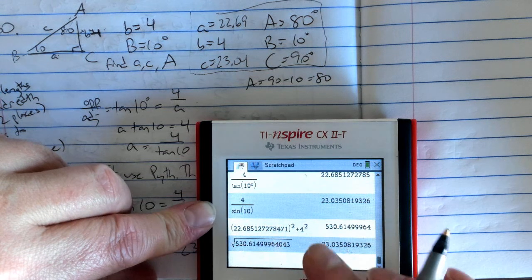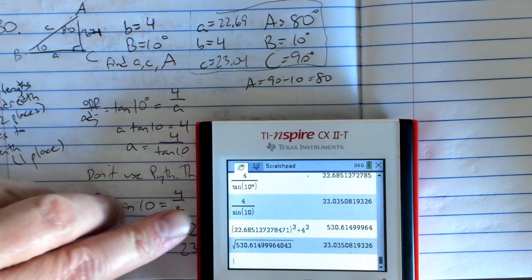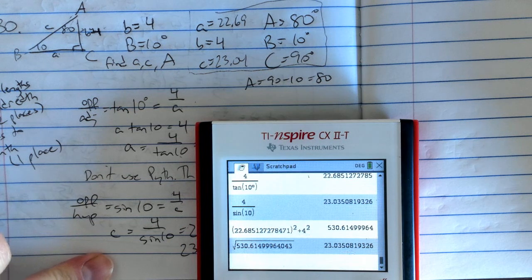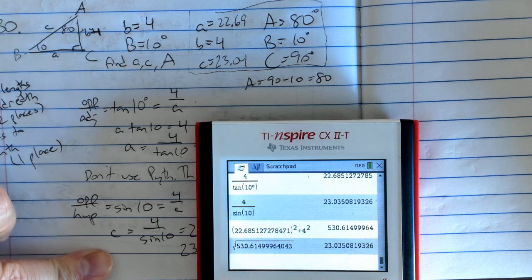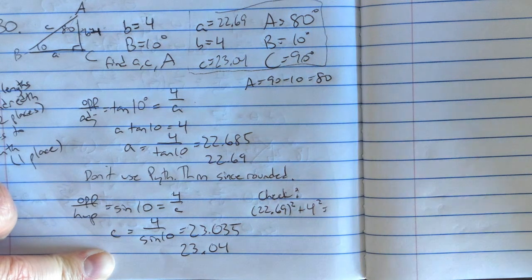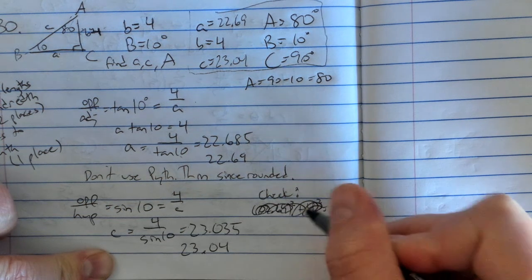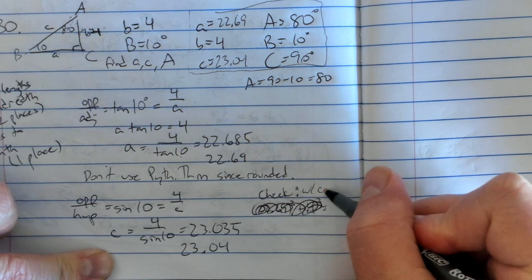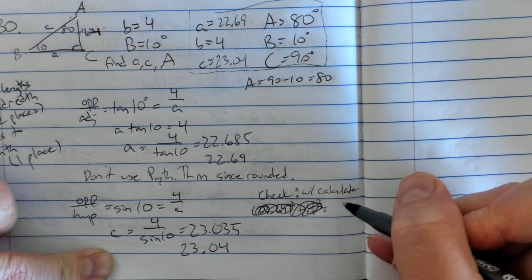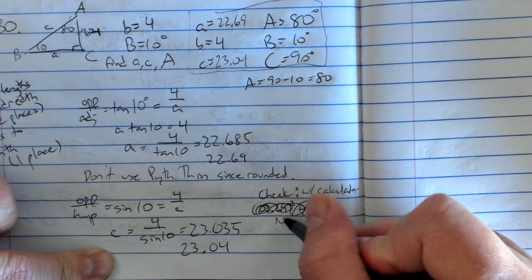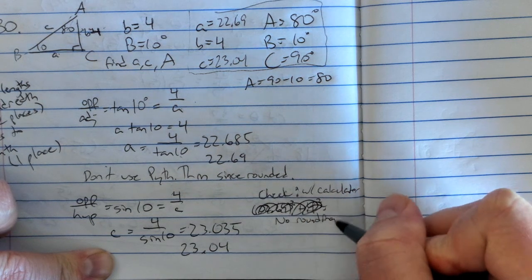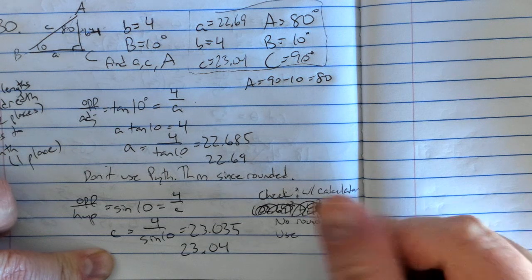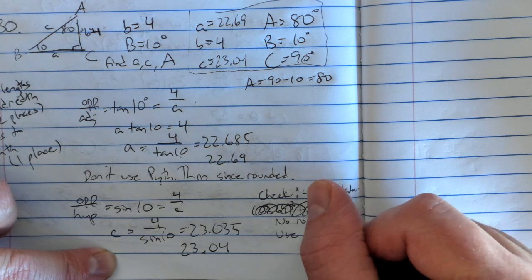So if you use all your decimal places, then it would work with the Pythagorean theorem, but if you round, then it won't. And you'd get frustrated by being off by maybe 1/100th. So I just check with the calculator, and no rounding. Use the values, use the ends.